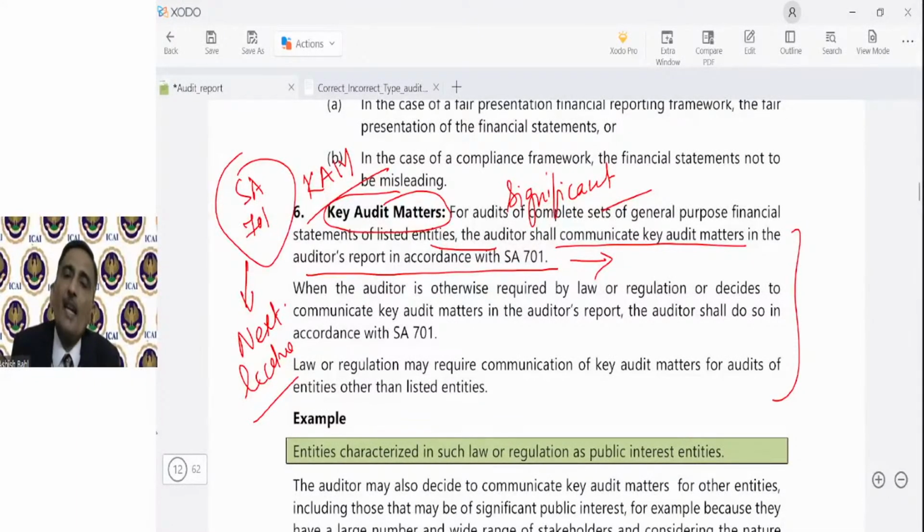Not in every company, but in case of listed companies. Okay. However, in other companies also, or in other entities, if the auditor finds it of importance, the auditor can always highlight some matter as a key audit matter, and this would be reported in accordance with SA 701.